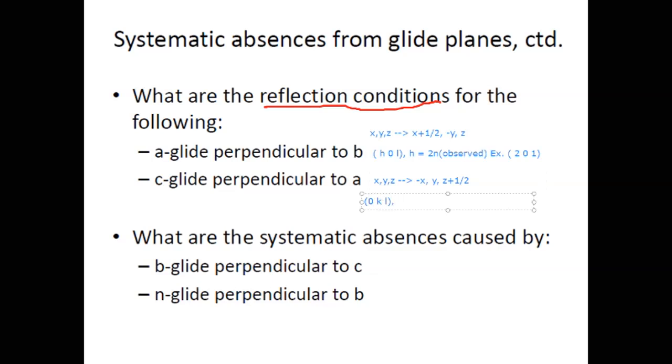Now, what has to meet the even or odd criteria? Since Z is what we're translating along, L has to meet the criteria of being even to be observed.